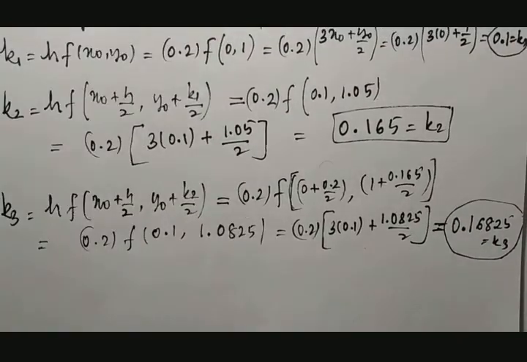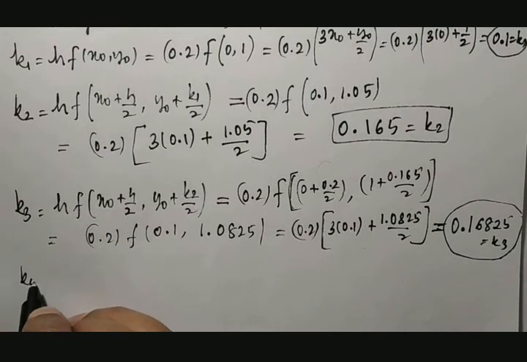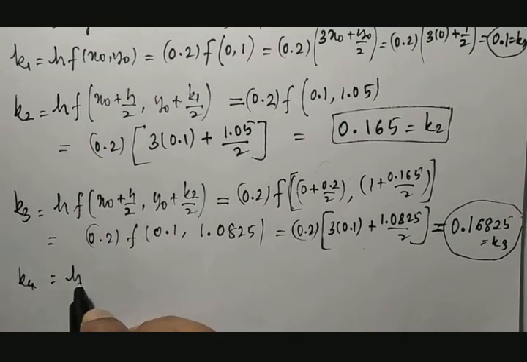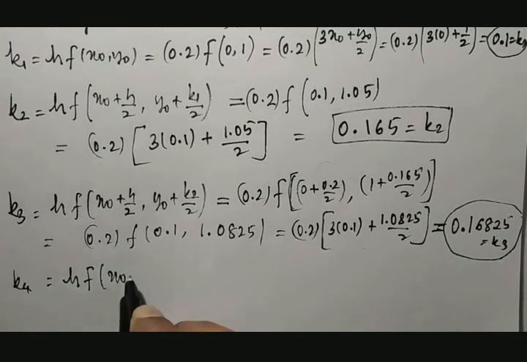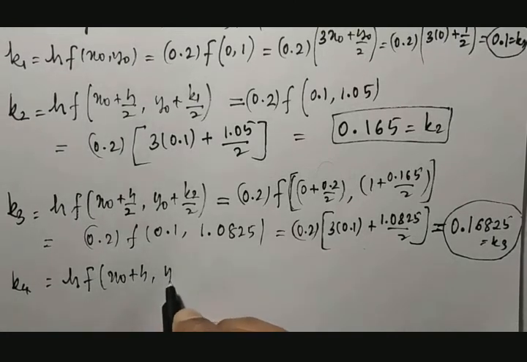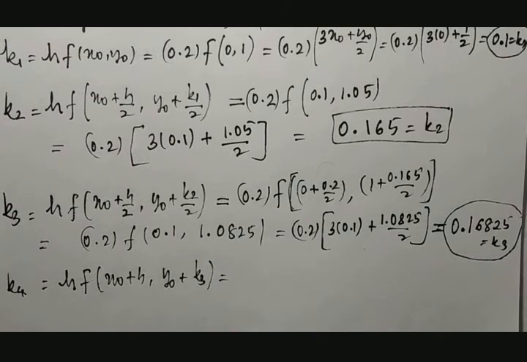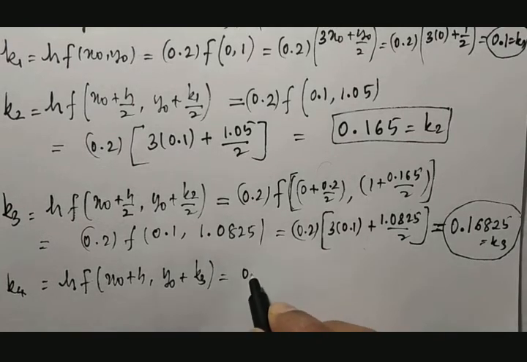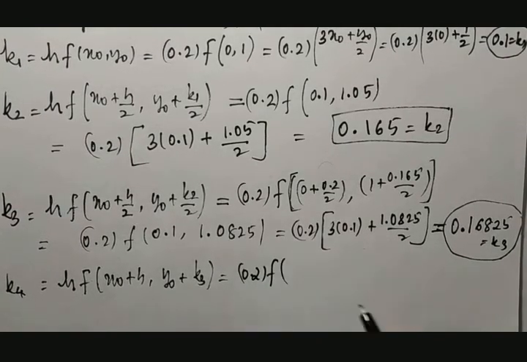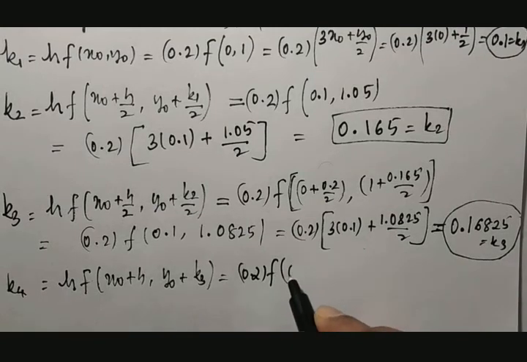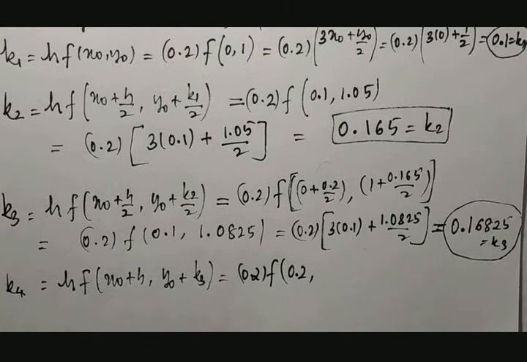Next comes K4. What is K4? h into f of x naught plus h, comma, y naught plus K3. That is nothing but 0.2 into f of 0 plus 0.2, so 0.2, comma, y naught is 1 plus K3, which is 0.16825.